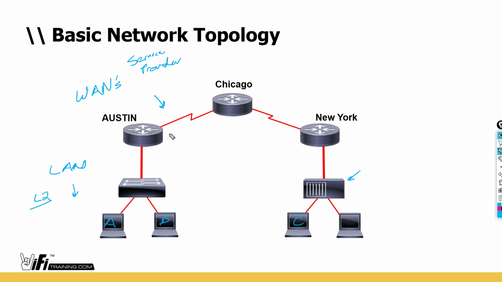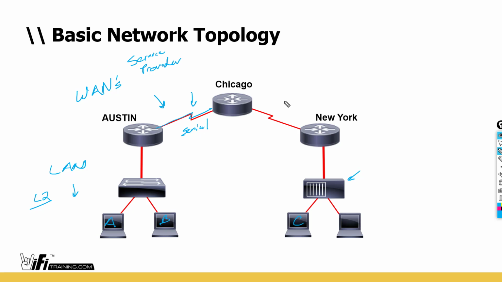But in our example here, to get from Austin to New York, we've got to go through Chicago. And notice this jagged line. That, again, we use as an example of a serial connection. That's an older WAN technology that we used. Nowadays we could use broadband Ethernet, we could use fiber, we could use Metro Ethernet, we could use MPLS, all that kind of good stuff, which we'll get into a little bit later.